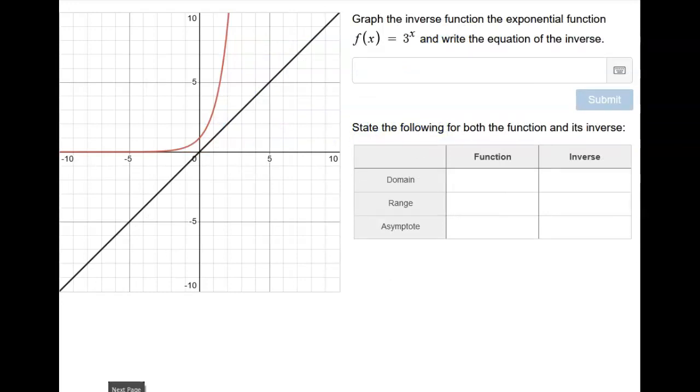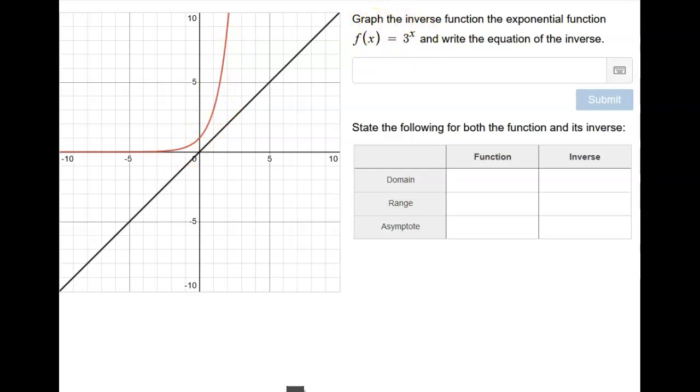Okay? So the inverse function, right, of the exponential function 3 to the power of x, we want to graph that, and then we want to write the equation of that. So this is the function f of x equals 3 to the power of x. We want to write the inverse.